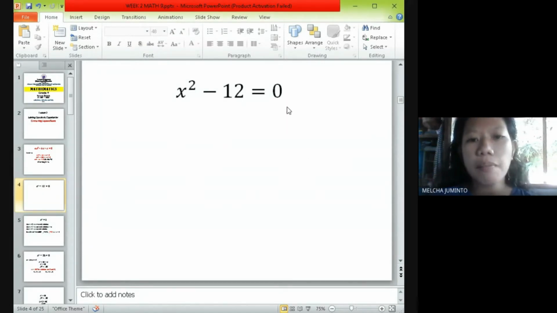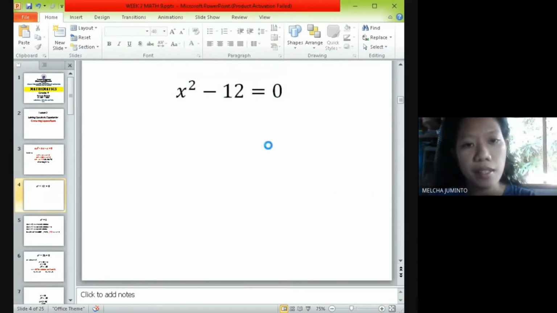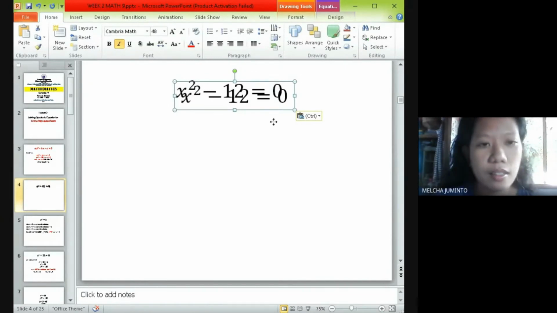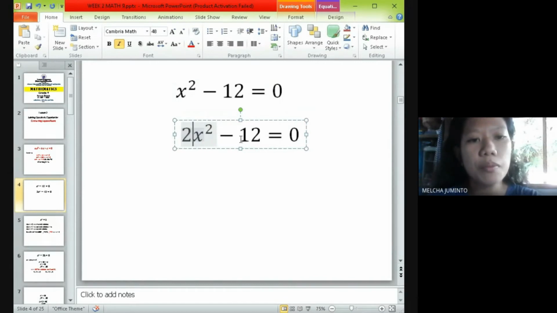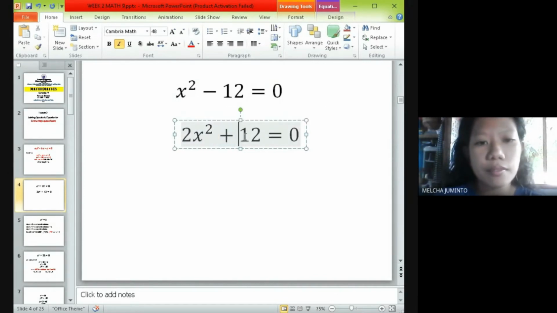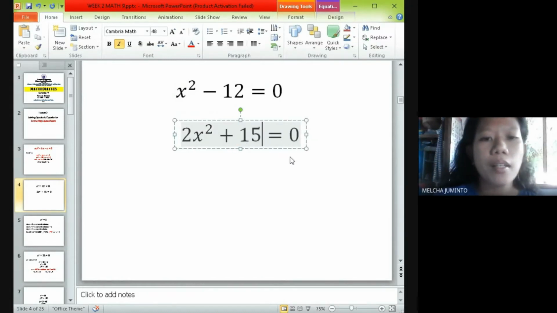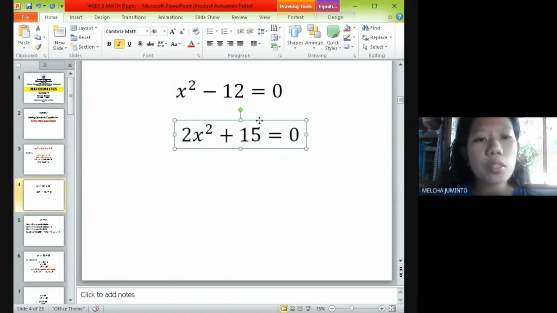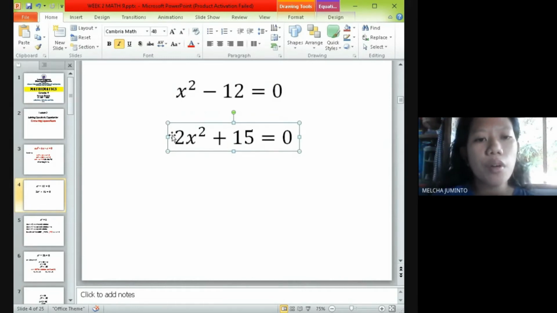Okay. Another example. Let me show you another example. I will copy this. Let's say 2x squared plus 15. The equation 2x squared plus 15 is equal to 0 is also an example of a quadratic equation in the form of ax squared plus c is equal to 0.